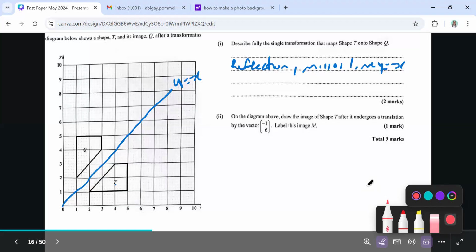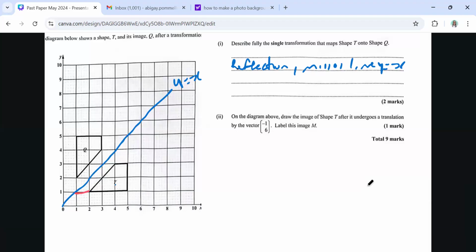So -1 is on the x-axis. So negative means moving to the left. So we're going to move 1 space to the left, and 6 represents y-axis, and +6 mean going up. So we're moving upward 6 times. 1, 2, 3, 4, 5, 6.